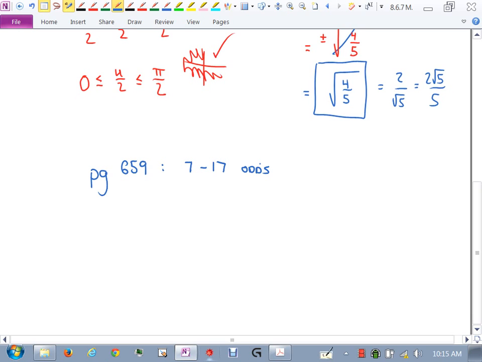Definitely in the category of what you'll see on the test. Maybe number 69 through 73 odds. Those are solving equations. So you'll have to use these formulas to solve those equations.